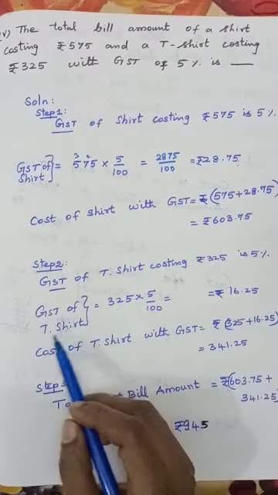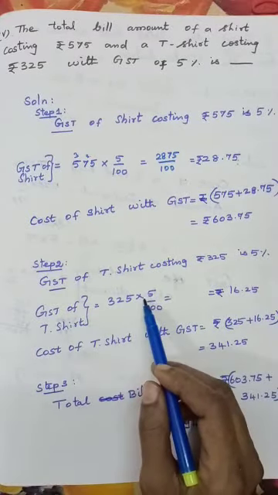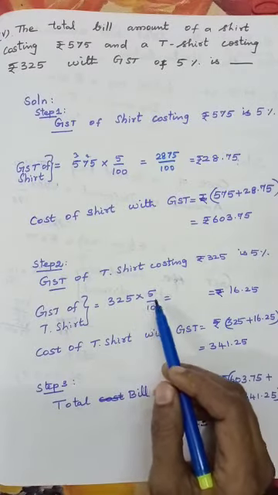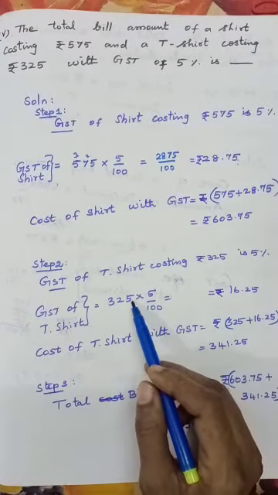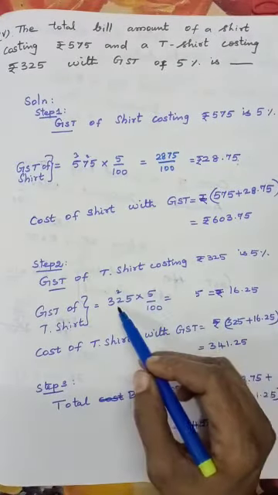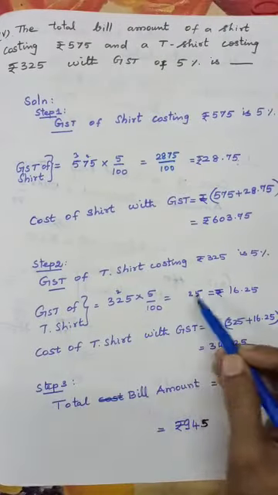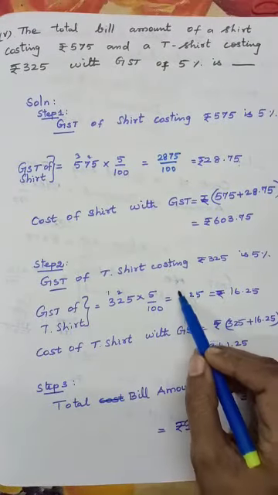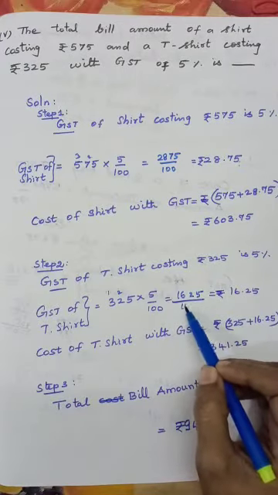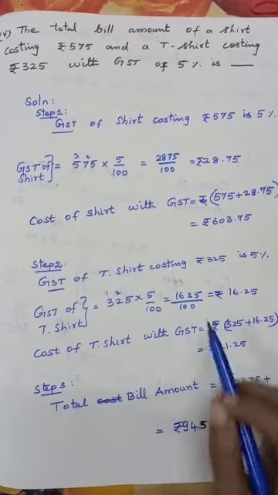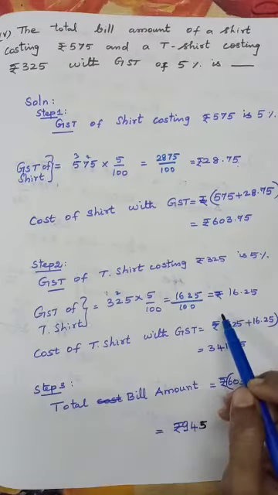So GST of t-shirt is equal to 325 into 5 by 100. Here also you can multiply: 5 5s are 25, 5, remainder 2, 5 2s are 10 plus 2 is 12, remainder 1, 5 3s are 15 plus 1 is 16, by 100. So 16.25 rupees is GST for that t-shirt.